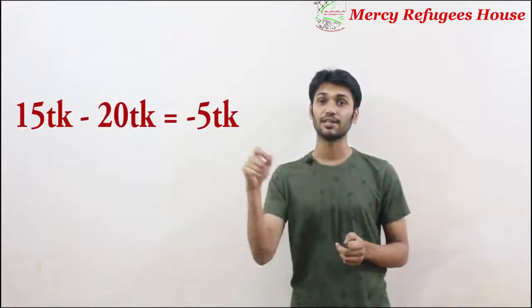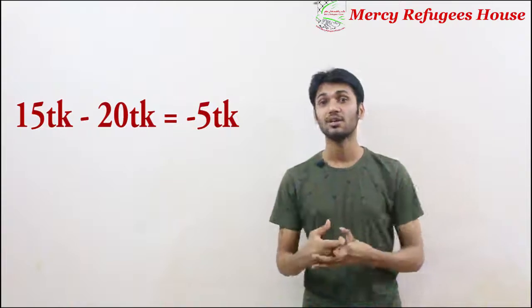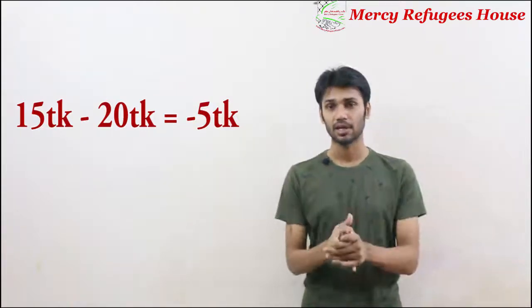So do you have any extra balance after buying that thing? You have 15 taka, you are paying the shopkeeper 20 taka. That means you will need 5 taka more. There is a 5 taka negative balance. That means 15 minus 20 equals minus 5. You will need 5 taka more to buy the product.